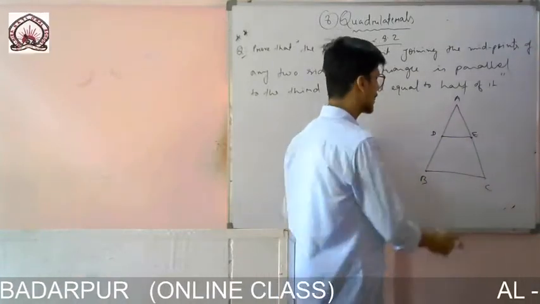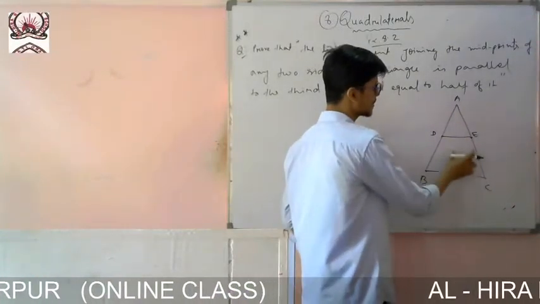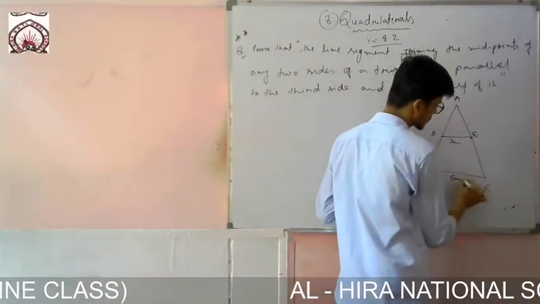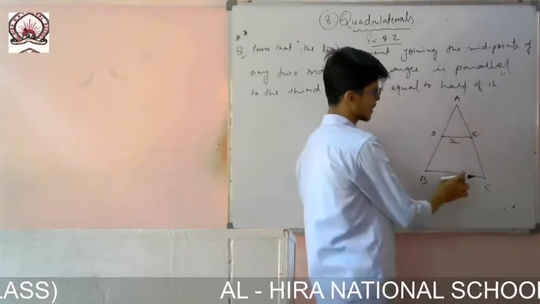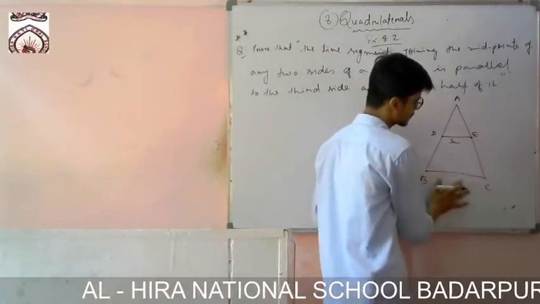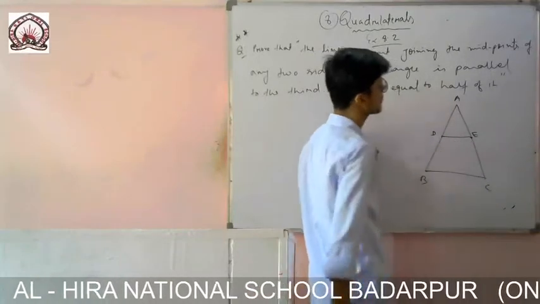And what will be the length of DE? It will be half of BC. If BC is 6 centimeter, DE will be 3 centimeter. Just keep in mind that half of BC is equal to DE.